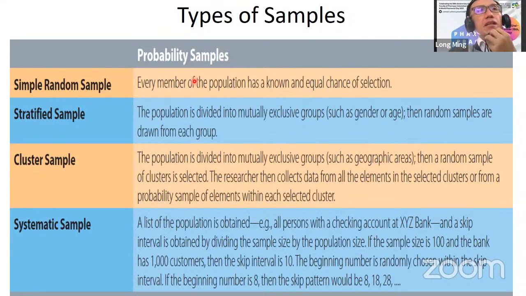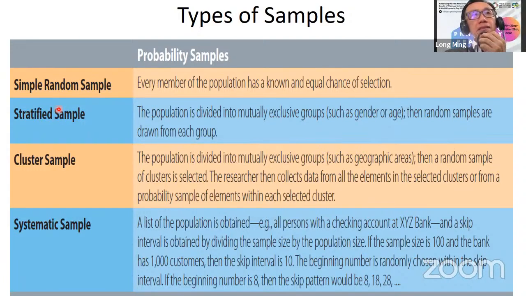Stratified sampling is somewhat similar to cluster sampling. Cluster is normally divided based on geographic locations. In stratified sampling, if you have, for example, male and female, or different age groups, you have already stratified them into different smaller groups, and then you use random sampling methods to select those in each group.